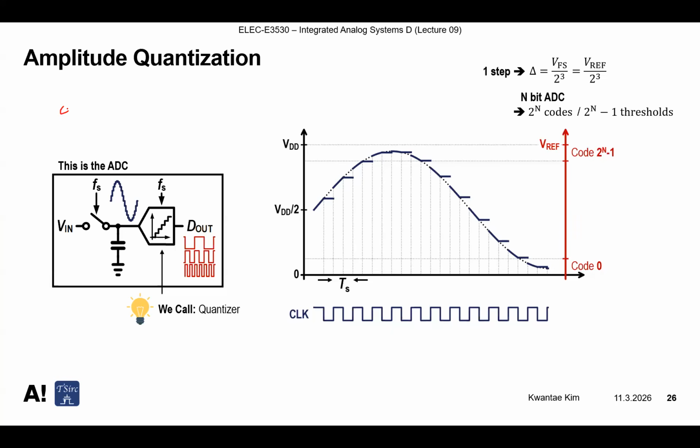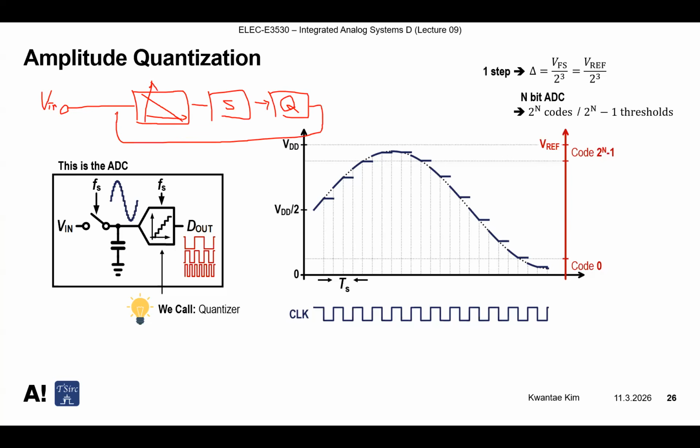There are some other types of ADCs where we don't sample at the front. For example, this is an input, we receive some continuous time integrator and put sampling and a quantizer, let's say Q, and we make a loop this way, plus minus, which is a negative feedback loop.